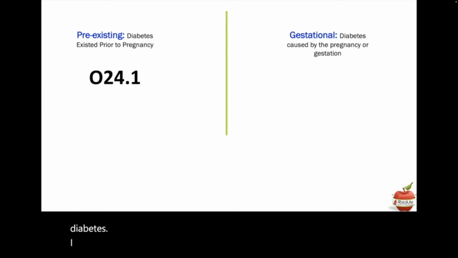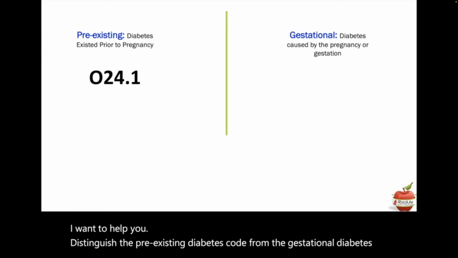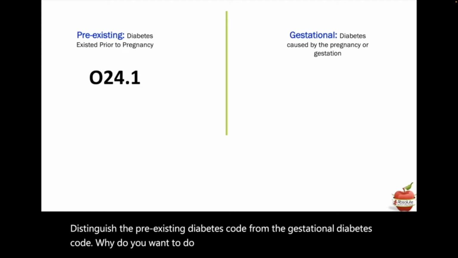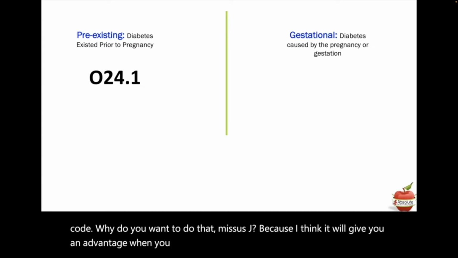I want to help you distinguish the pre-existing diabetes code from the gestational diabetes code. Why do you want to do that, Mrs. J? Because I think it will give you an advantage when you're taking your exam.